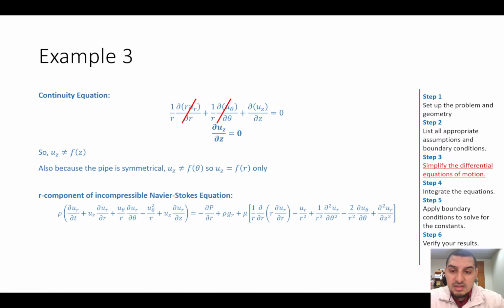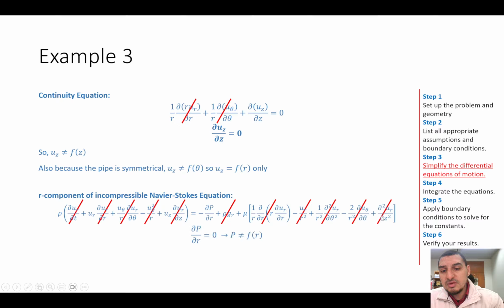Now let's see the r component. We know that ur is 0, u theta is 0, so all of these terms are zeros. dp by dr, we are not sure about this, so we will keep it for now. We don't have any information whether the pressure changes with the radius, but we know that gr is 0, and ur and u theta are 0.